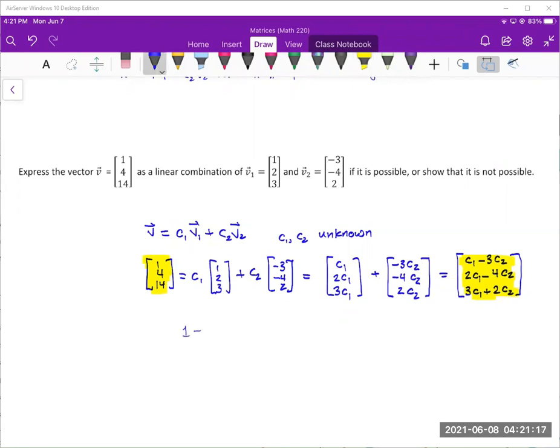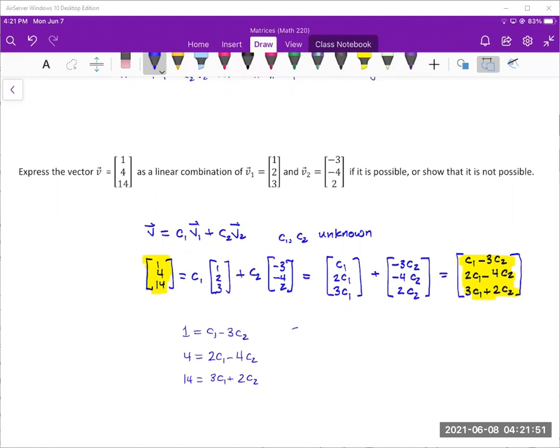So 1 equals c1 minus 3c2. We need to know that the second entries match. So 4 equals 2c1 minus 4c2. And that the third entries match as well. 14 is equal to 3c1 plus 2c2. And if we can find c1 and c2 that make each of these 3 equalities hold, then indeed v is going to be a linear combination of v1 and v2.